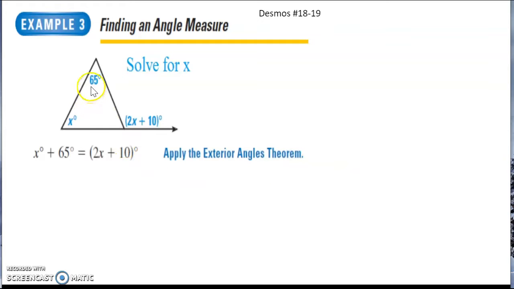We know that 60 plus x, the 2 interior angles, would equal the exterior angle, which is 2x plus 10. Set that up as an equation, and then you do the algebra, and you should be able to get x is equal to 55, by subtracting x from both sides and then subtracting 10 from both sides.